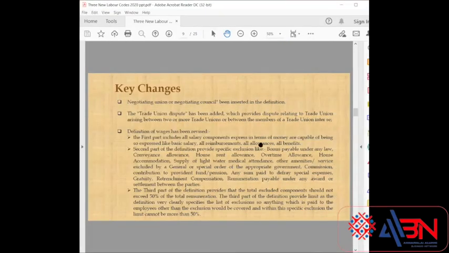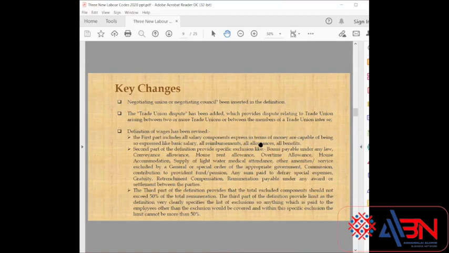So the trade union disputes would definitely be reduced. There is more opportunity given for mutual discussion and mutual settlement than to take every single issue to the Industrial Dispute Resolution Board.